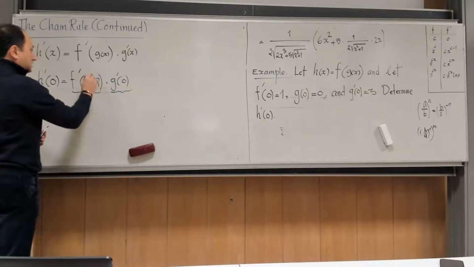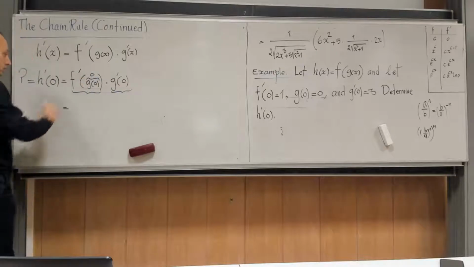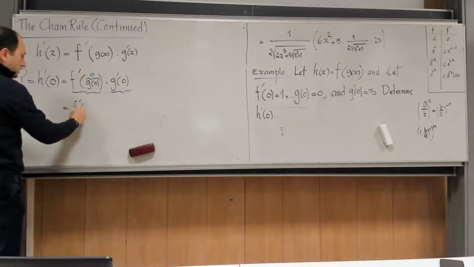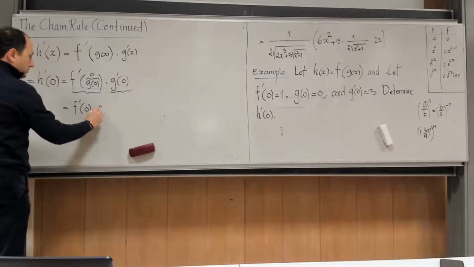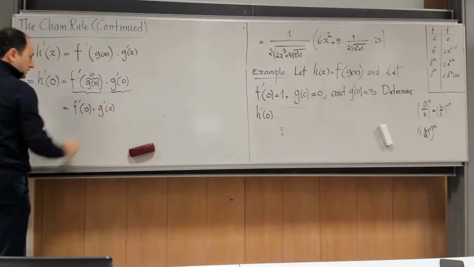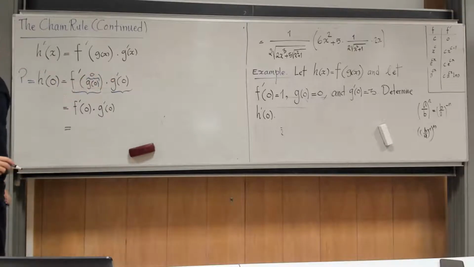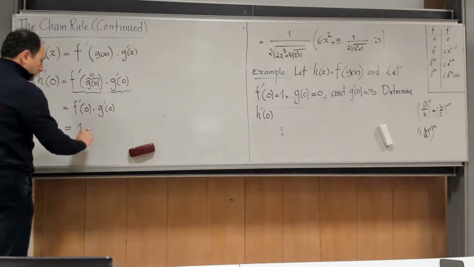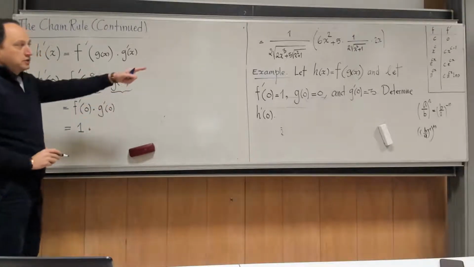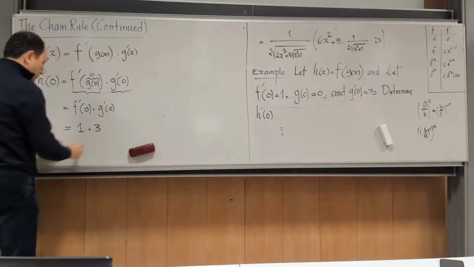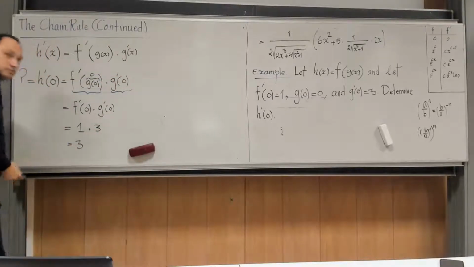What is that? It is 0. So then I go to the next step. It becomes f prime of 0 multiplied by g prime of 0. Then I go to the next step. What is f prime of 0? It's given to be 1 in the problem. Okay? And then multiplied, what is g prime of 0? It's given to be 3. So if I multiply them, it becomes 3.